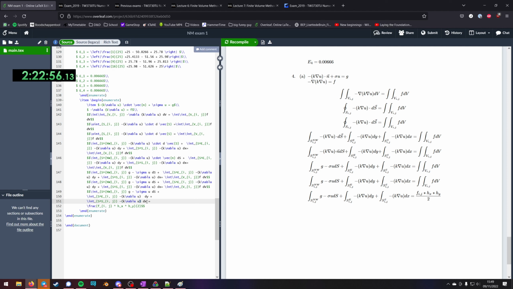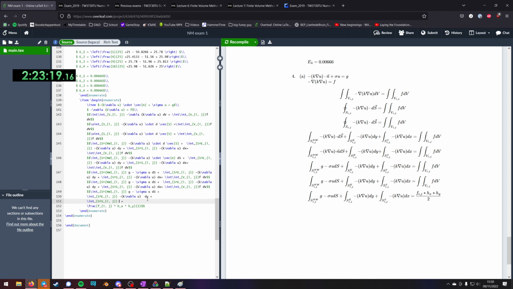So this approximation would be, this is the southern side. So this would be K. Just gonna try this.